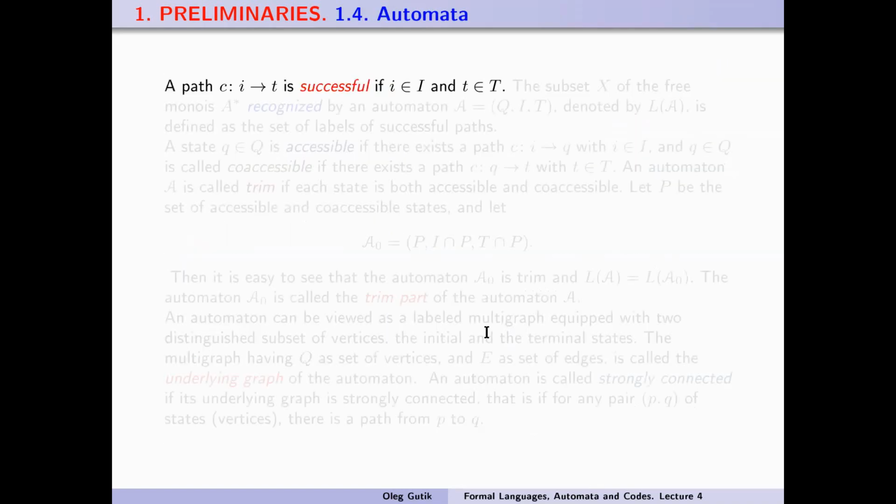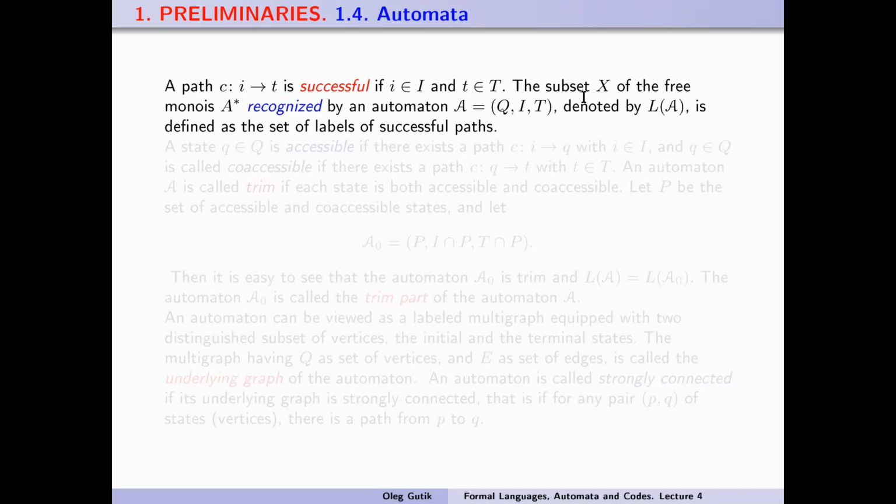Next, a path c from i to t is successful if i belongs to the initial states and t belongs to the final states.